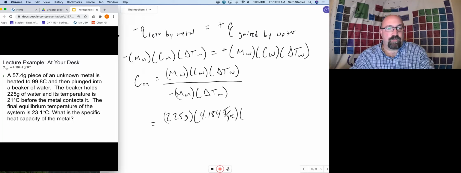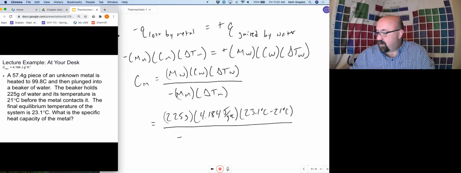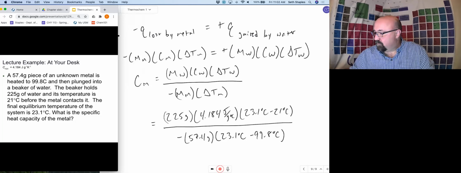Times the delta T of the water: the final temperature of the water, 23.1 degrees C, started at 21 degrees C. That's all divided by the negative mass of the metal, 57.4 grams, times the delta T of the metal: ends at 23.1 degrees C, started at 99.8 degrees C.